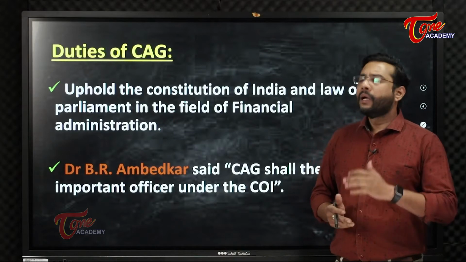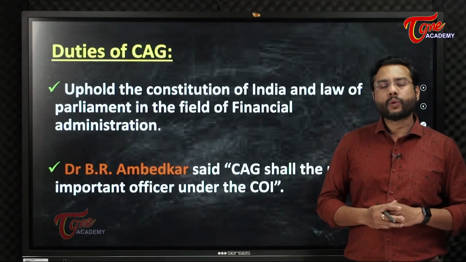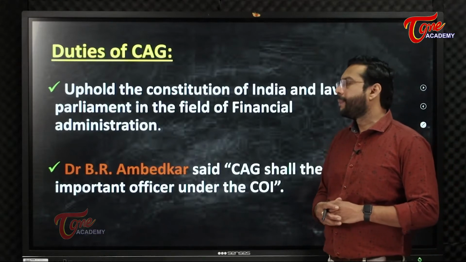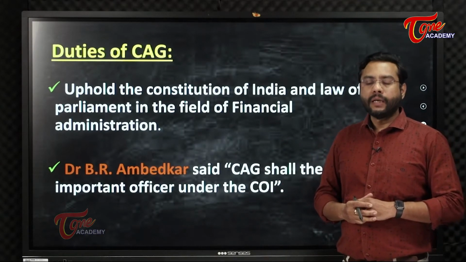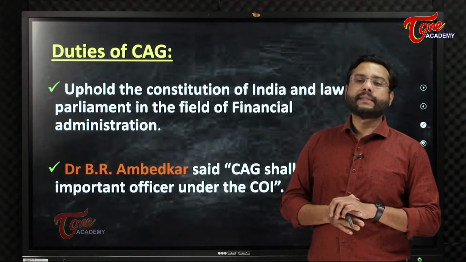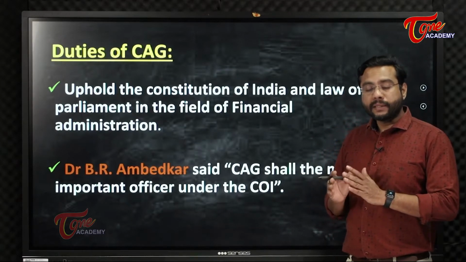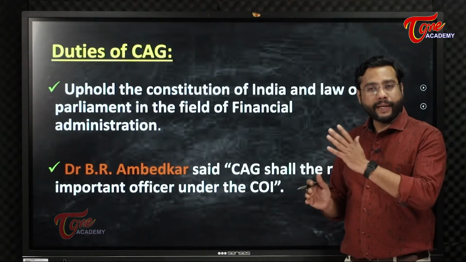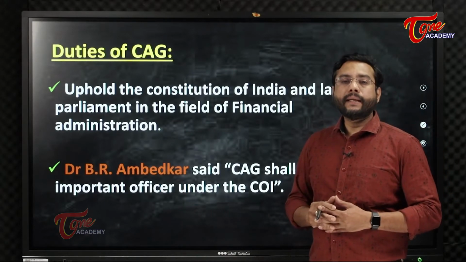So obviously we have a lot of functions, a lot of responsibilities given to the office of CAG. And as we know, CAG is an independent office. As we have just discussed, no minister represents CAG in the parliament, and parliament also has a process, from appointment of the CAG to his removal.